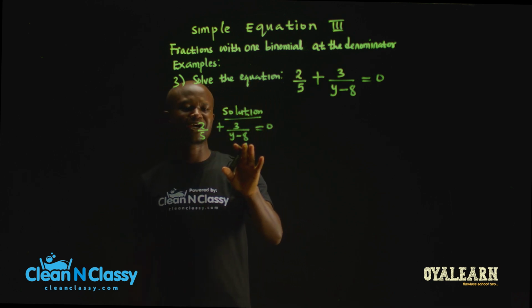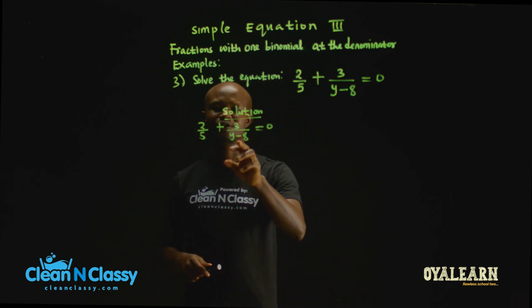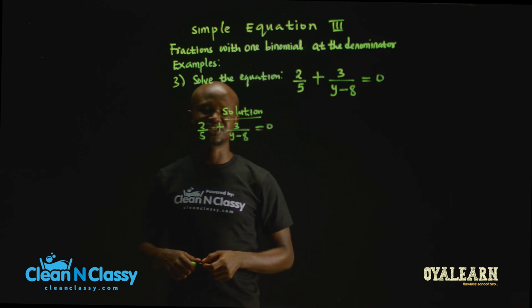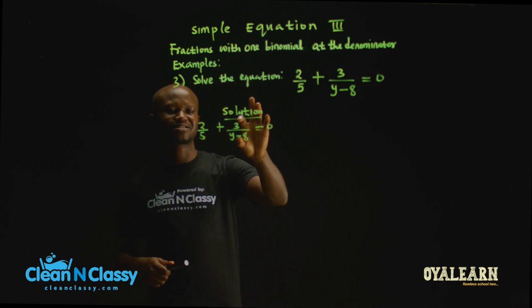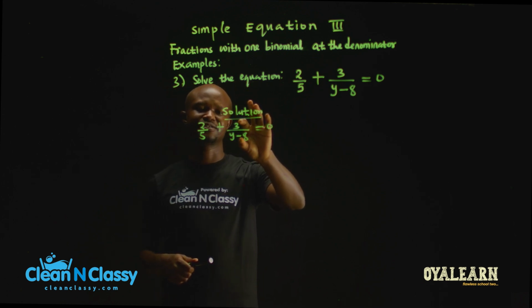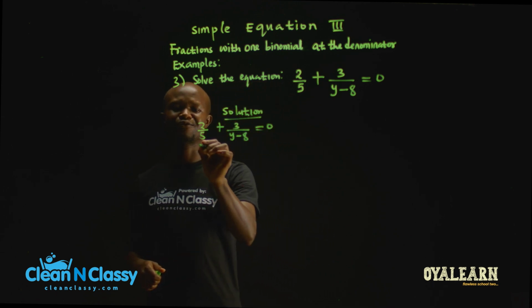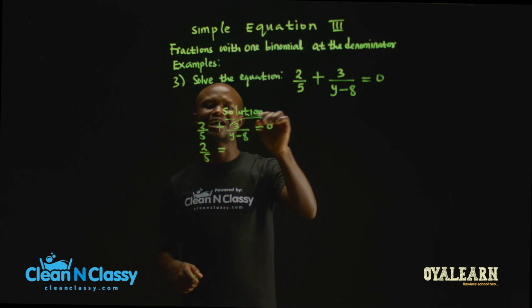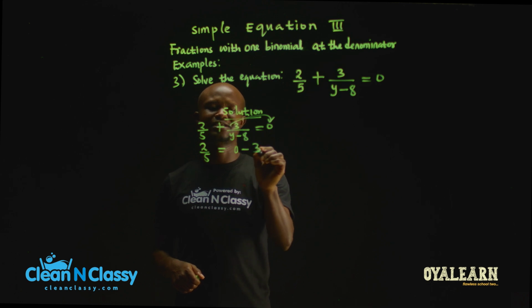Now, we have y minus 8 as a binomial at the denominator of the second term, a fractional expression. We can take this second term, which is a fraction, to the right hand side. So we have 2 over 5 equals, when we move this to the right, we have what? 0 minus 3 divided by y minus 8.